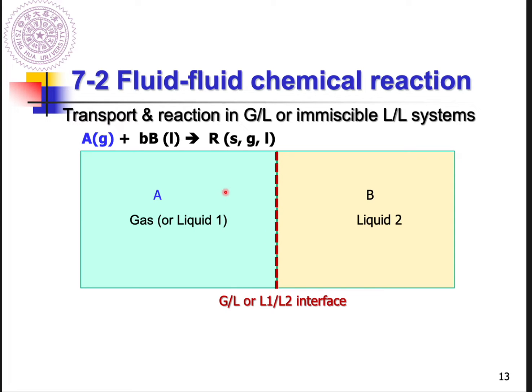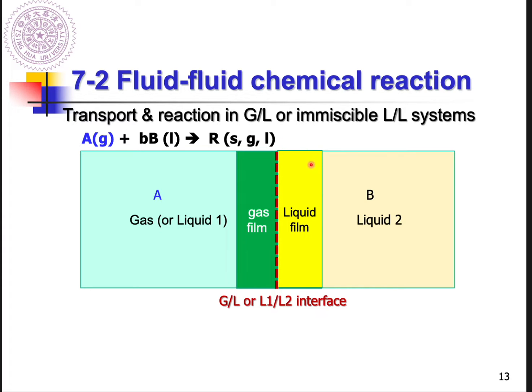As long as you have two different phases, there must be a film layer in between. On the left-hand side, the film layer we call the gas film, and on the right-hand side near the liquid, we call it the liquid film.